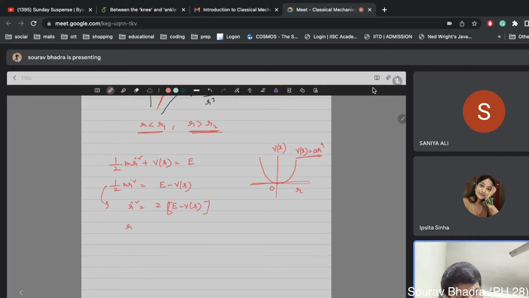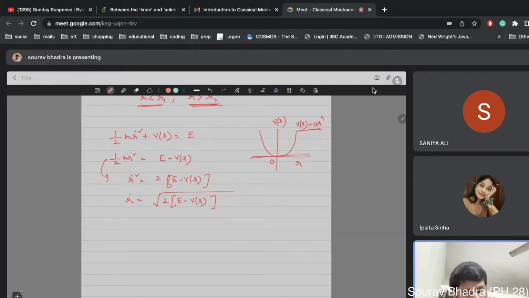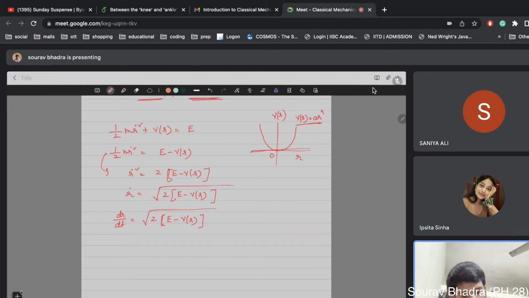Then r dot is equal to the square root of 2 times E minus V(r). If I am doing anything wrong, please tell me. So r dot is dr by dt, so dt is dr divided by the square root of 2 times E minus V(r), and integrating this will give you the time period.